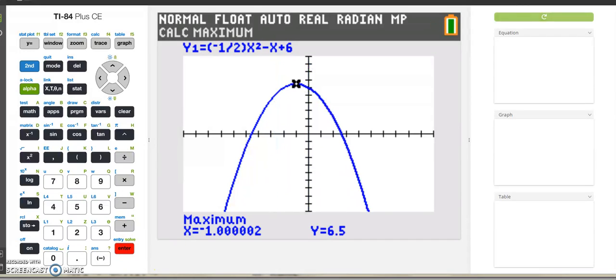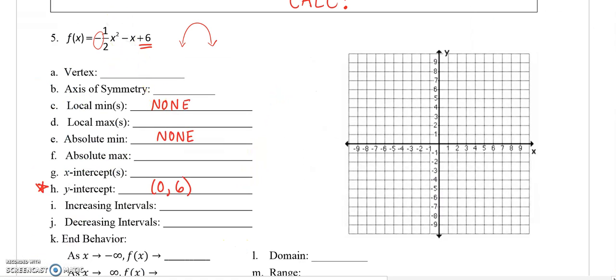And there it is, my maximum, negative 1, 6.5. Again, the zeros kind of give you a hint. We can just call that negative 1. So negative 1, 6.5. And that means my axis of symmetry is x equals negative 1. My local max and my absolute max are my vertex, so negative 1, 6.5.